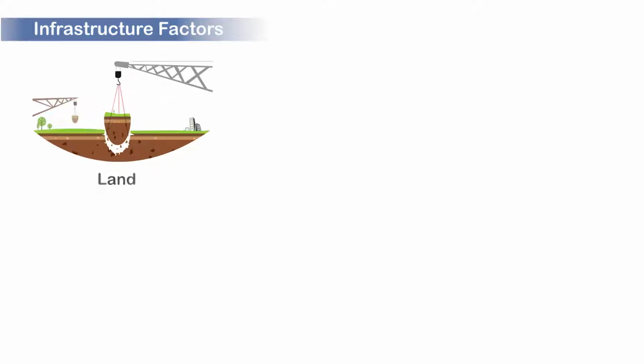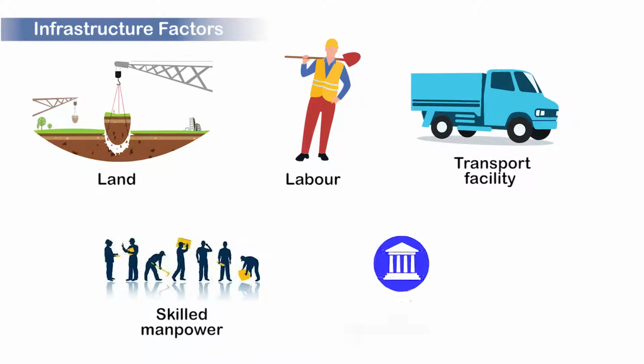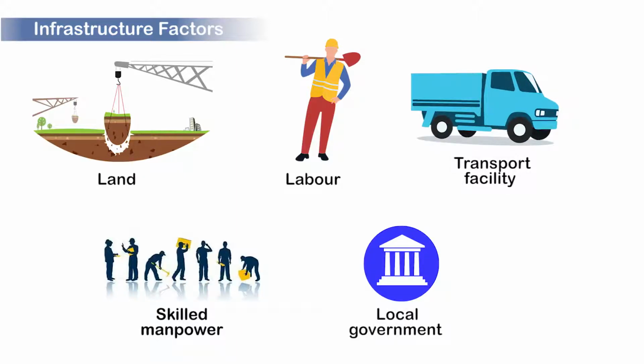Availability of land with other factors of production like labor, transport facility, skilled manpower, and local government support are important infrastructure factors affecting the facility network design decision. One has to consider these factors and decide on locating the facility in that place.